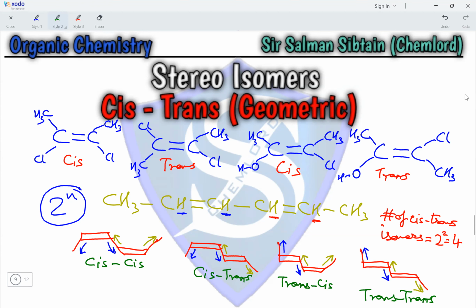So in this way, we have two double bonds showing cis-trans isomerism, and the combinations are cis-cis, cis-trans, trans-cis, and trans-trans. n is the number of double bonds capable of showing cis-trans isomerism, which is 2. So 2 power n is 4. All the 4 cis-trans isomers of this compound have been shown in their skeletal formulae with the conformation present in them.